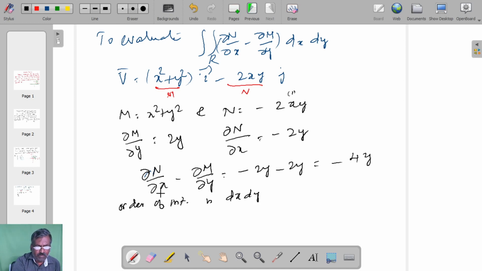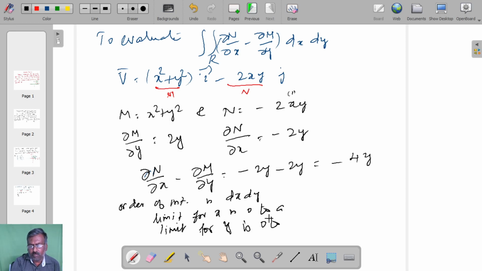So we are going to find the limit for x and y. Limit for x is 0 to a, because x varies from 0 to a, and limit for y is 0 to b.